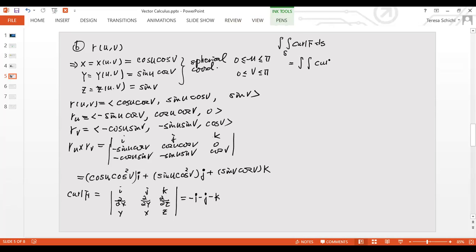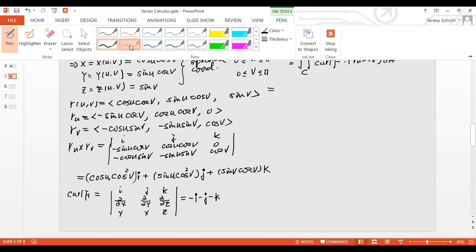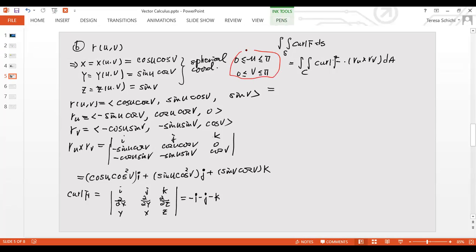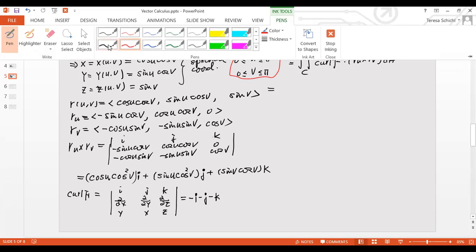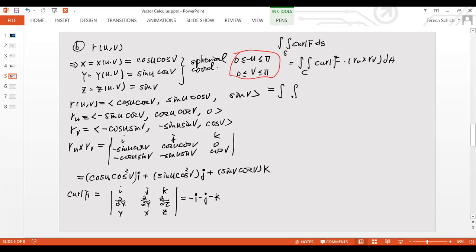Here is the curl of F, and then you dot product with r_u cross r_v. Then you do the integration of dA, so region D is here. Okay, so now because of u and v, remember, you change it to u and v, the integral is changed to a simple integration, 0 to pi, 0 to pi.